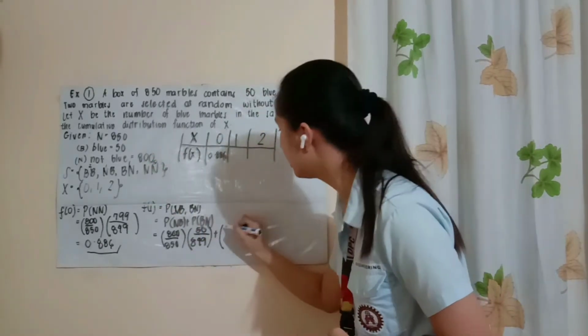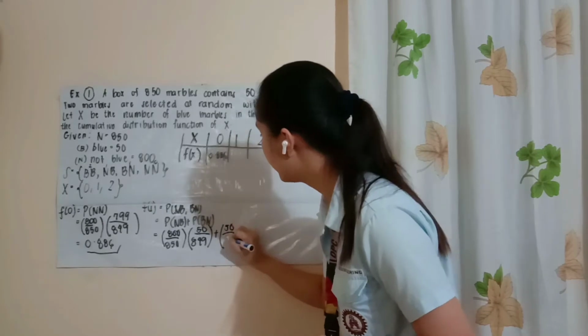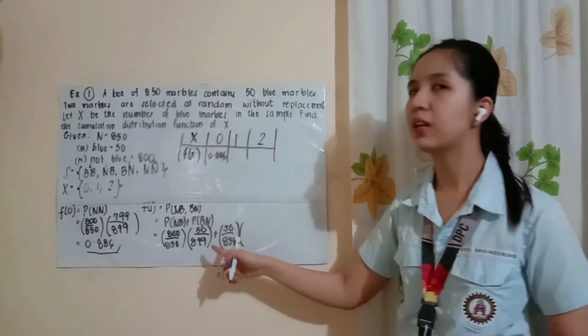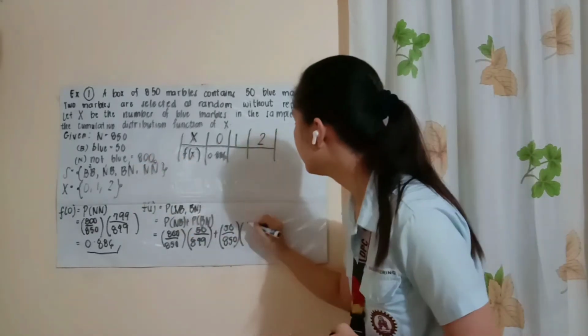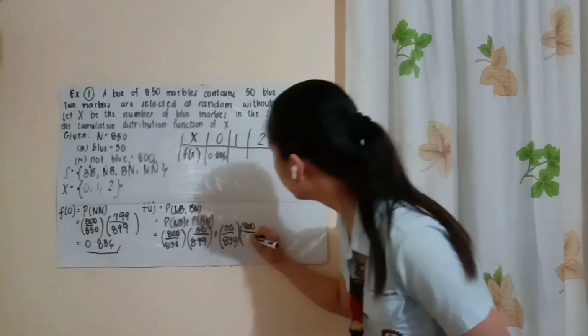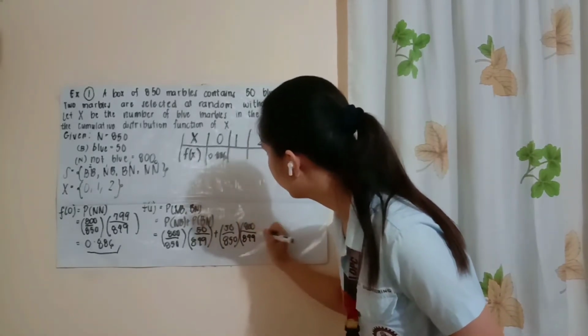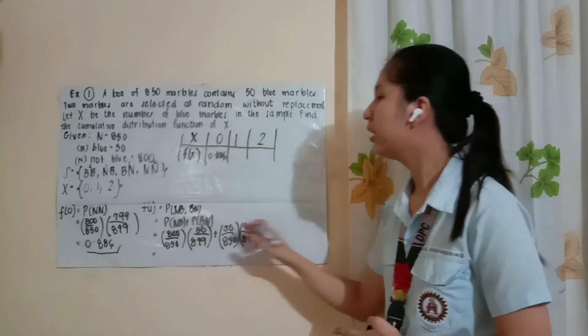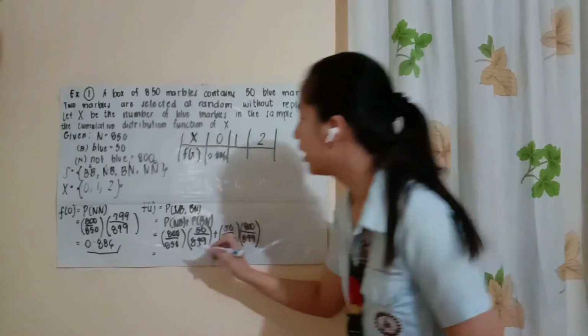We have 50 over 850, times, so ilan ba yung not blue natin? We have 800 over, since kumuha na tayo ng isa, magiging 849 na lang. So, pag pinag-add natin or multiply itong mga to, we will get 0.111.